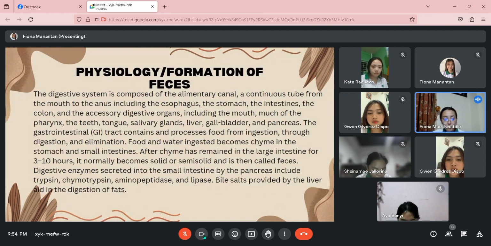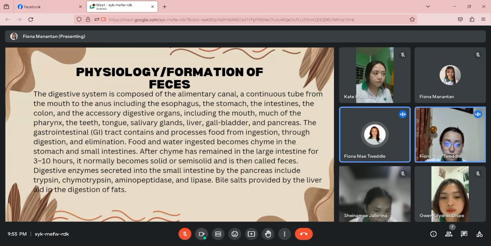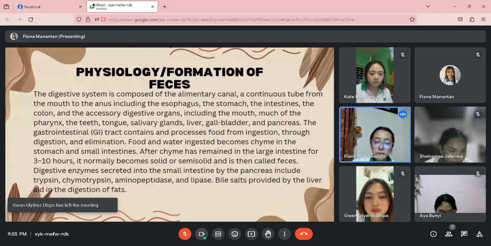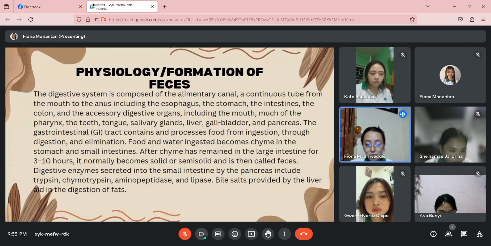Bile salts, provided by the liver, aid the digestion of fats. A deficiency in any of these substances creates an inability to digest and therefore reabsorb certain foods. And excess undigested or unabsorbed materials then appear in the feces, and the patient exhibits symptoms of maldigestion and malabsorption.